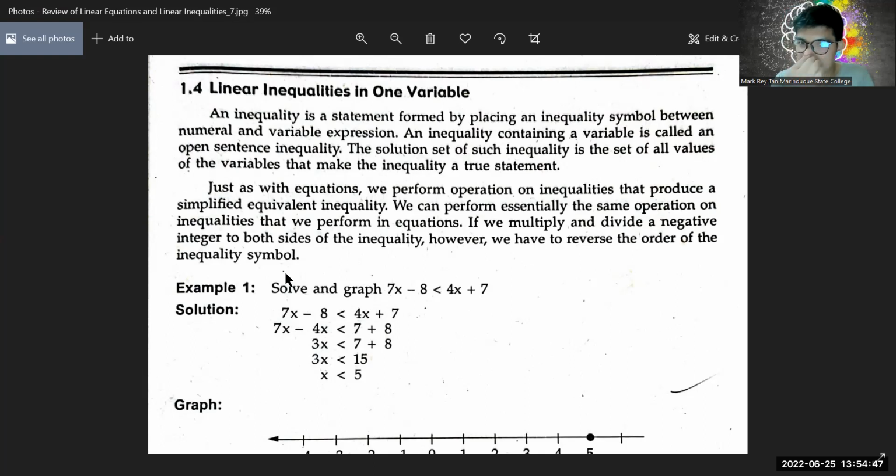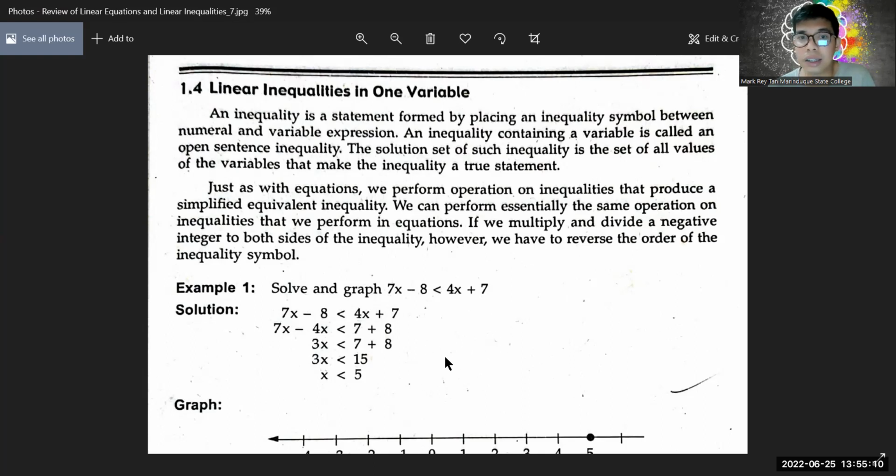Okay? So for example, ang value ng ating x is negative. Let's say negative x is greater than 2. Siyempre, hindi naman pwedeng yung final answer natin is negative x is greater than 2. So it should be multiplied by negative 1 para maging positive yung x. Once we do that, mababago na yung sign.